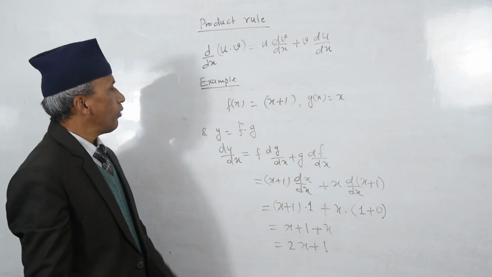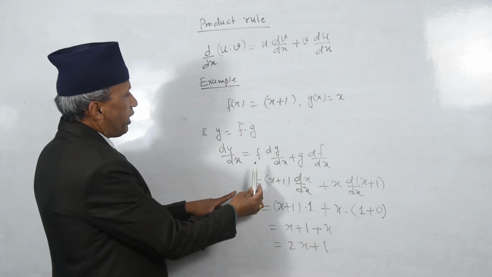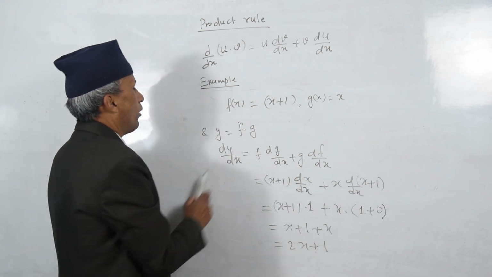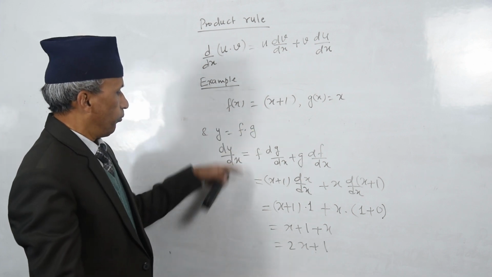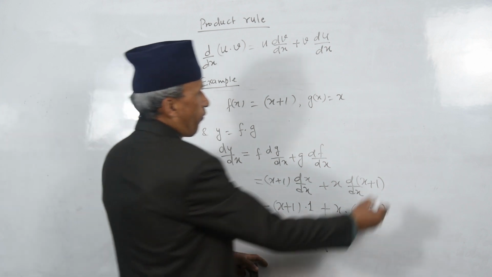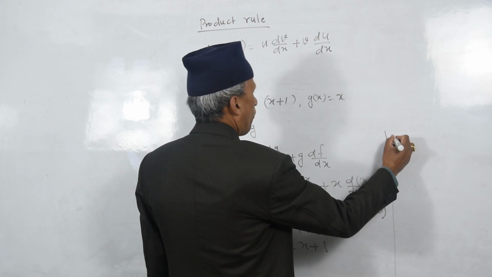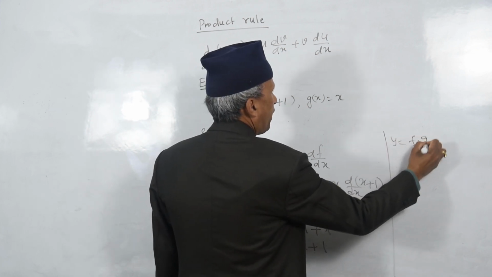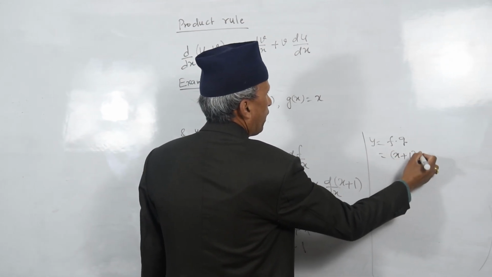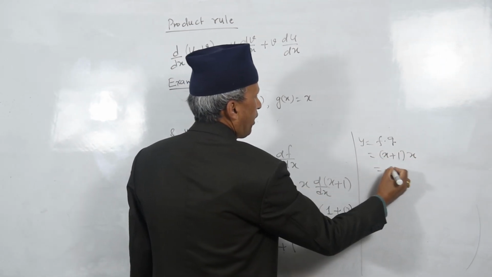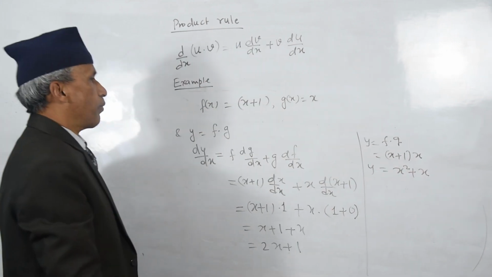I have written it this way in the formula, but what happens if you multiply these two and then find the derivative? If you multiply, y is equal to f into g, which means x plus 1 into x, which is x square plus x.